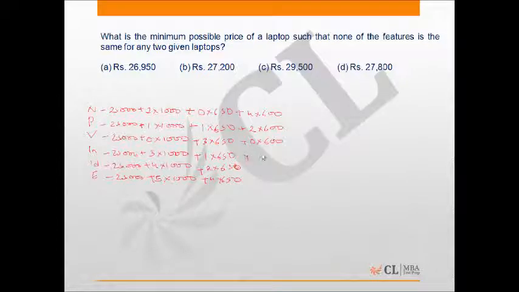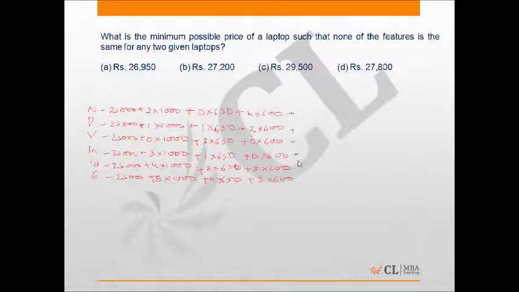The same goes for Inspiron, 0 into 600. Now for IdeaPad it is 5 upgradations, so 5 into 600. For Essential it is 320 GB. 320 GB is 3 upgradations, so 3 into 600.